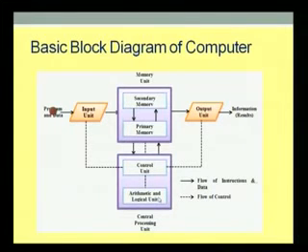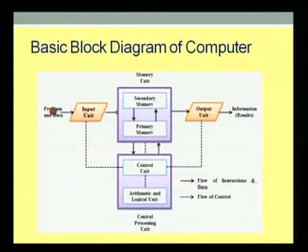The arithmetic and logical unit will perform mathematical operations such as arithmetic operations as well as logical operations, and after performing them, it provides the output back into the primary memory, and from the primary memory we get our output.